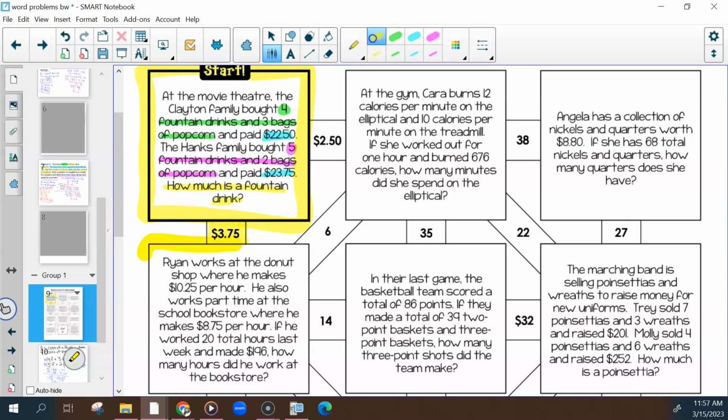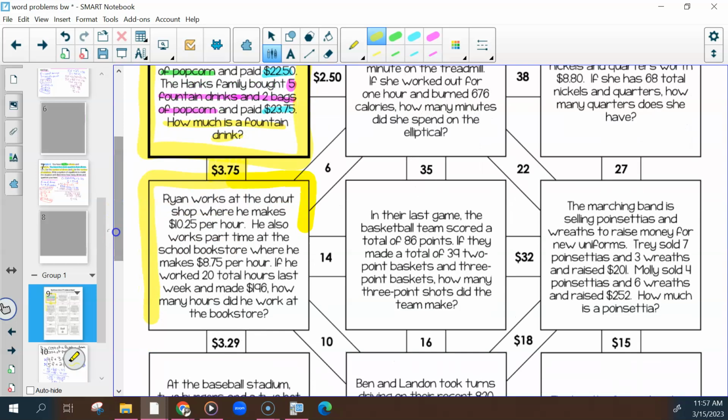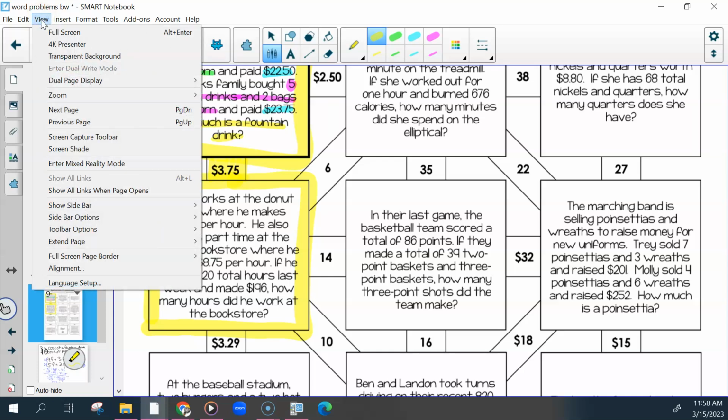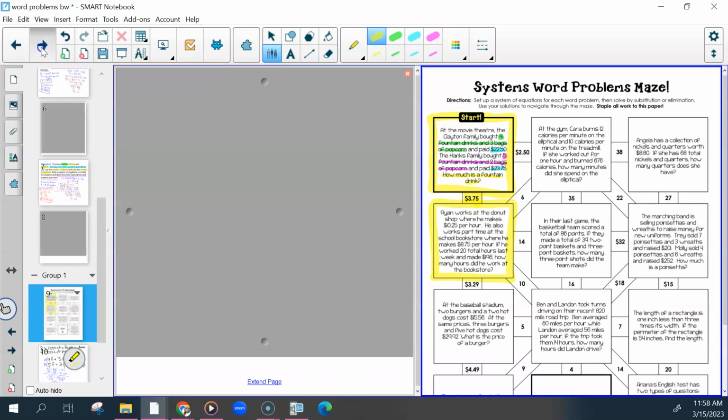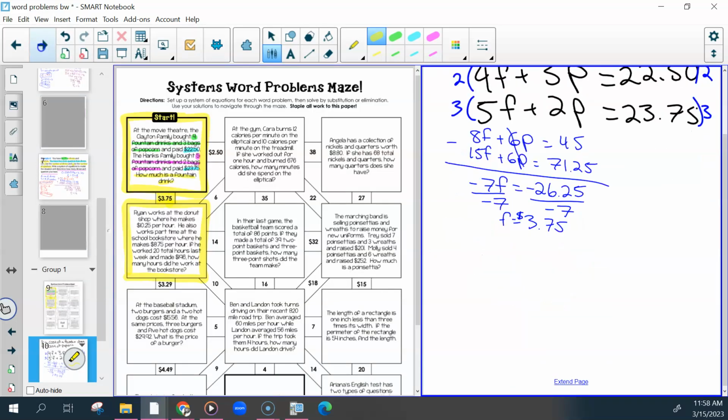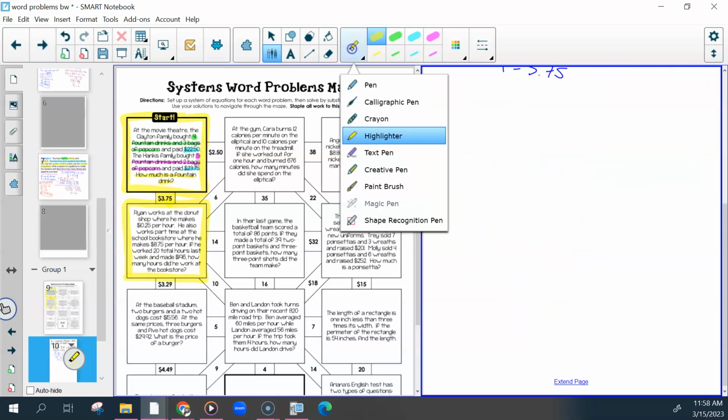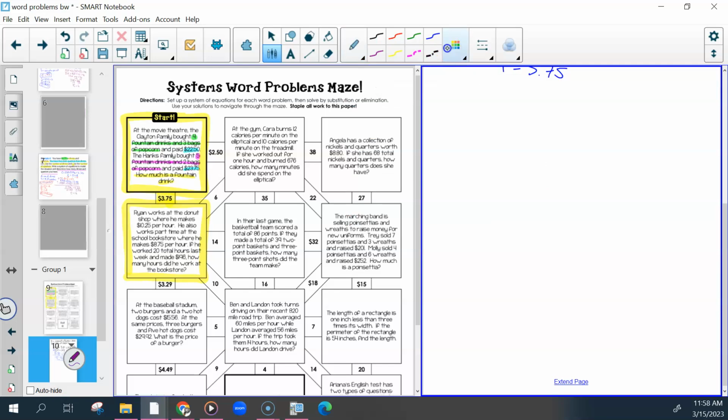So go ahead and read this second one. What is important there?